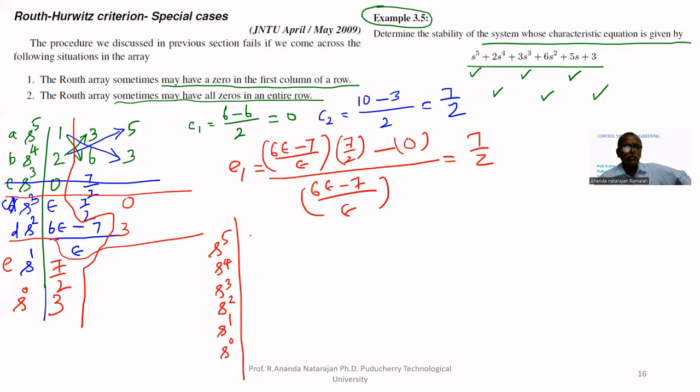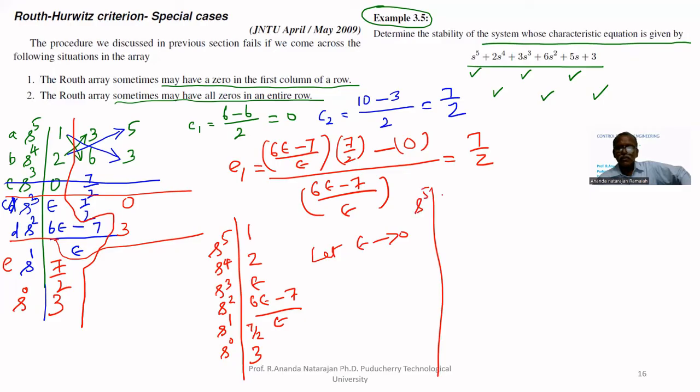I am going to write only the first column elements: 1, 2, epsilon, 6 epsilon minus 7 divided by epsilon, S power 1 is 7 by 2 and S power 0 is 3. Now let epsilon tend to 0. S power 5 is 1, S power 4 is 2, S power 3 is 0, S power 2 is 0 minus 7 by 0, therefore minus infinity.